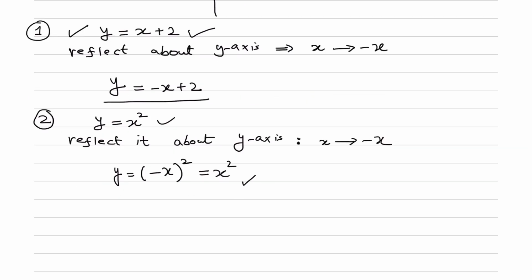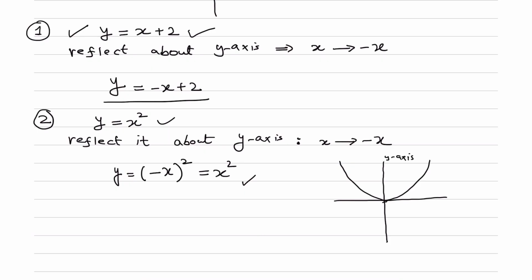Why are we getting the same graph? Let's have a look at the graph. We had this curve y equal to x square and we had to reflect it about y-axis.